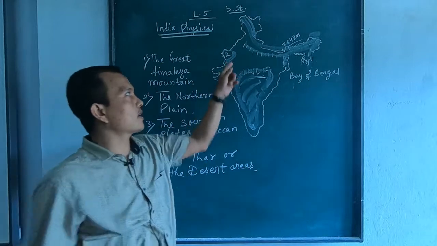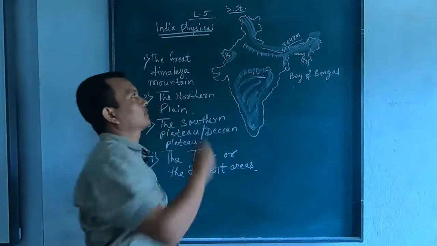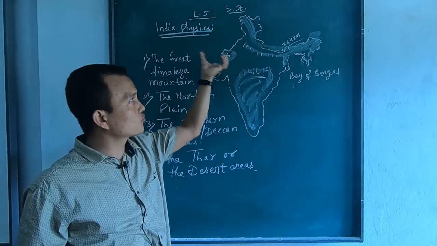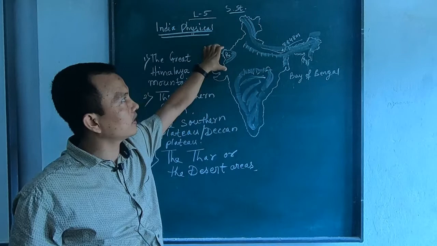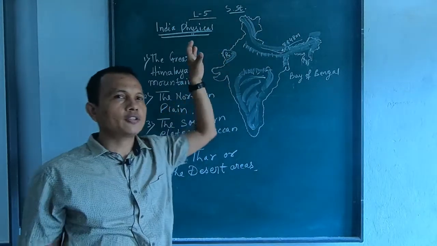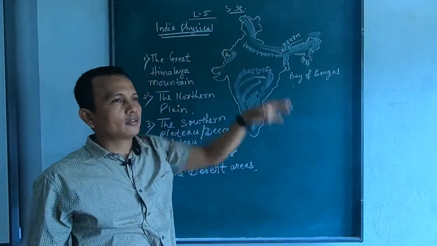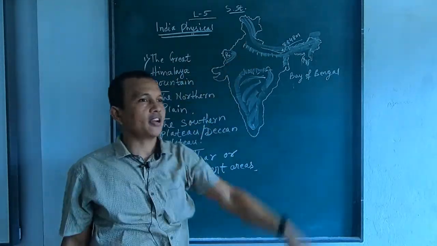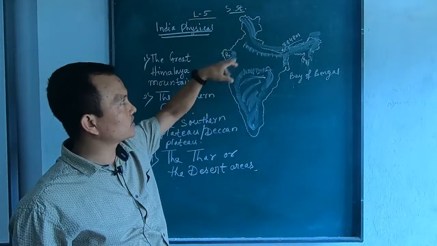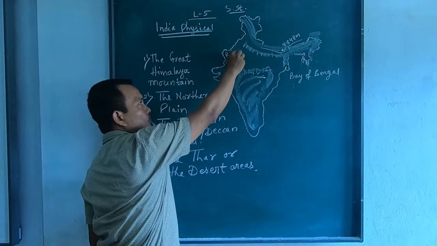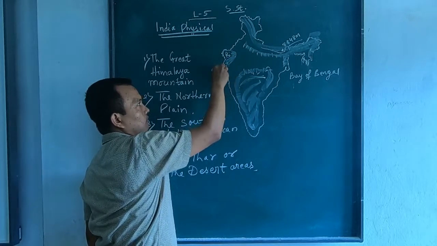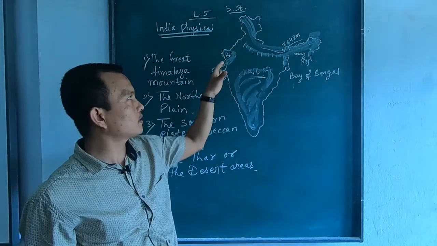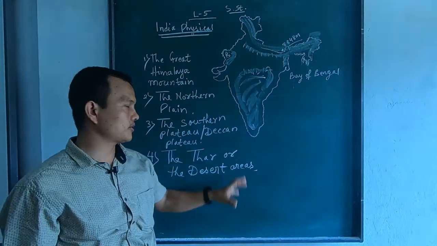In the state of Rajasthan, this area is very hot, extreme climate, very, very hot and dry climate. And we can see here the rocks, sand, especially it is covered with sand dunes in the entire area. Even it extends to some parts of Gujarat, where we call it Rann of Kutch. So these are the zones where we find the Thar desert.